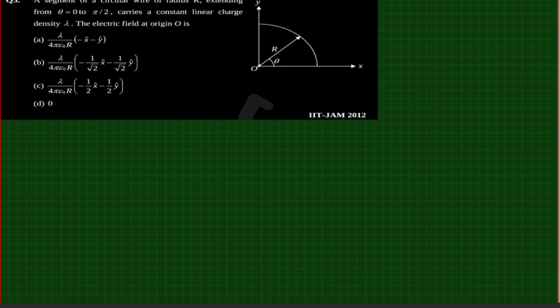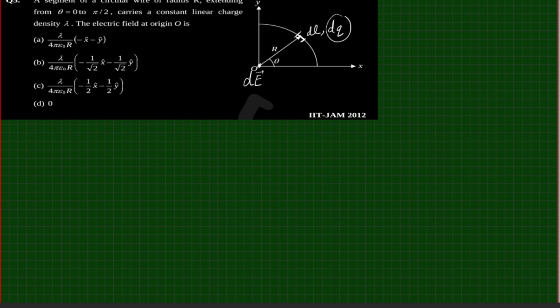Next question is, there is a circular wire of radius r from angle 0 to pi by 2. We have to calculate the electric field here at the origin. Okay, so let us assume there is a segment or line element of this wire dl, and this dl carries charge dq, and due to this dq charge there is electric field dE here at the origin.